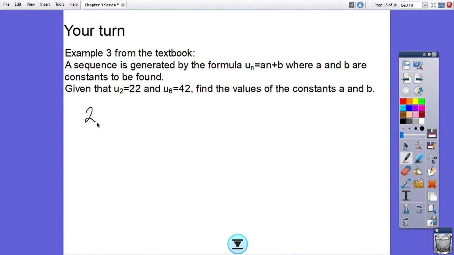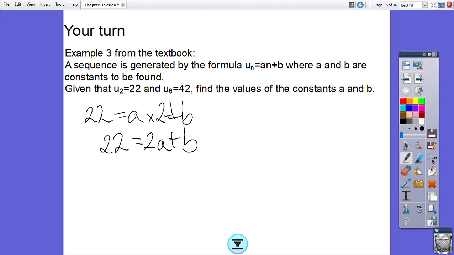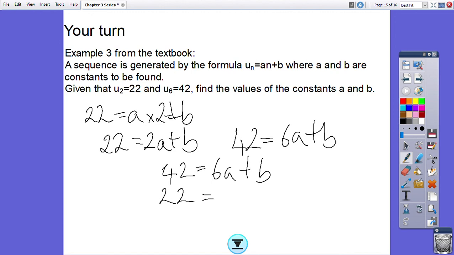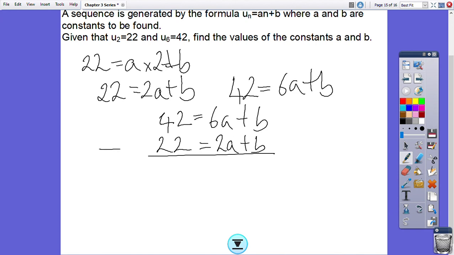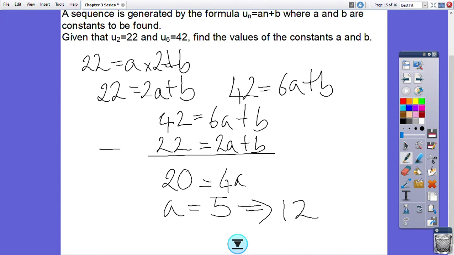So that we'll have 22 equals A times 2 plus B, so 22 equals 2A plus B, and you've also got U6 equals 42, so 42 equals 6A plus B. Again, simultaneous equations, of course, linear ones, so you've got 42 equals 6A plus B, 22 equals 2A plus B, subtracting one from the other, and you get 20 equals 4A, A equals 5, which implies from last time that B equals 12. Right, give yourself, as I said, like last time, a big tick if you got that right.